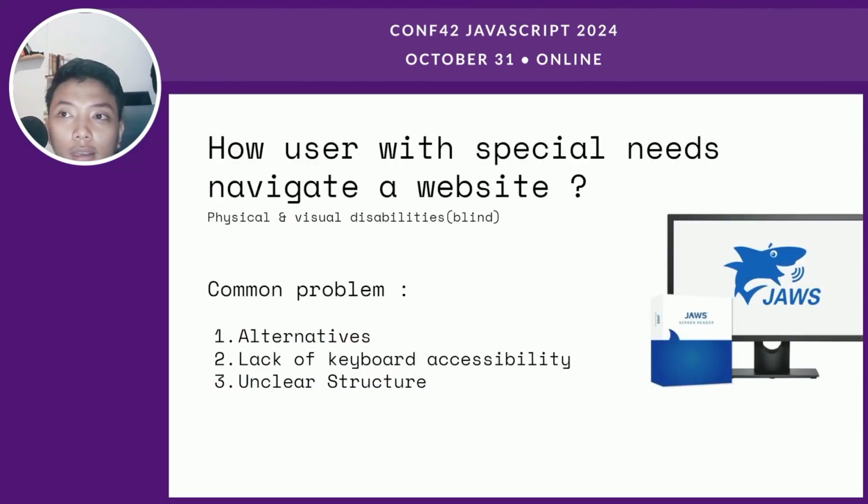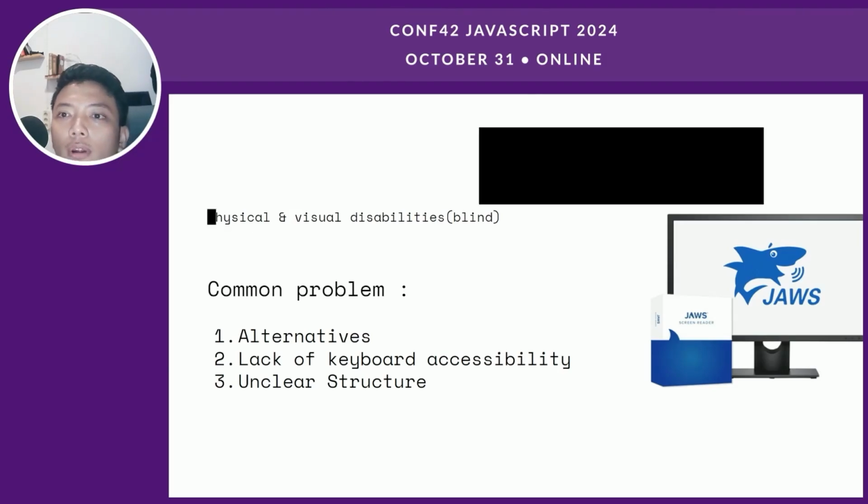The other case is physical and visual disabilities, in this case completely blind. The problem is the same as previous, but there's some additional ones like unclear structure. Maybe the structure of the website is not fully correct, which is also a problem.